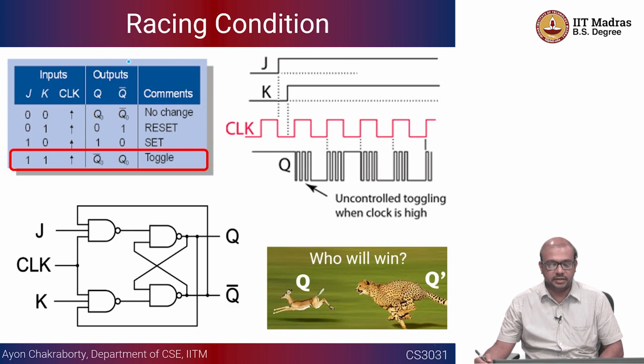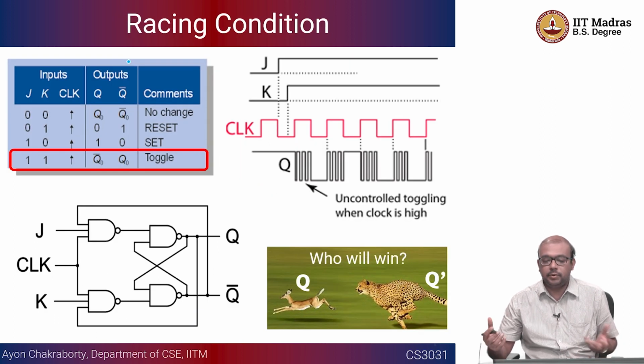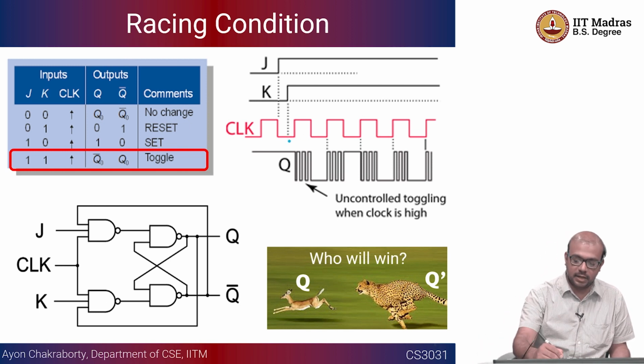Okay, so we have a picture here that we don't know whether Q wins or Q bar wins, because whenever the clock goes from low to high state, there is a positive trigger, and we do not have one toggle, but a number of toggles.